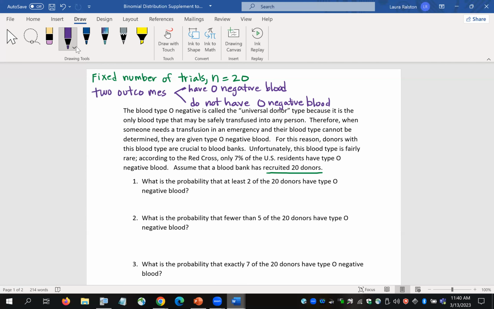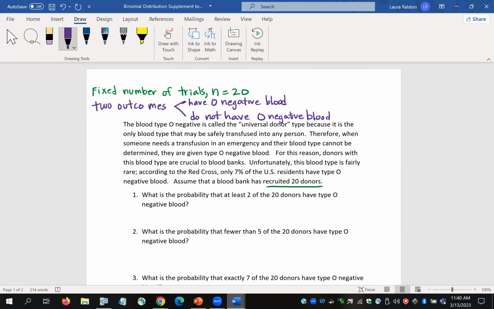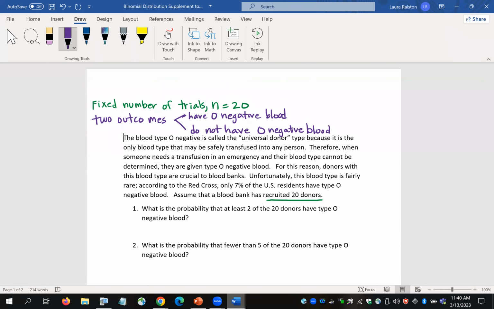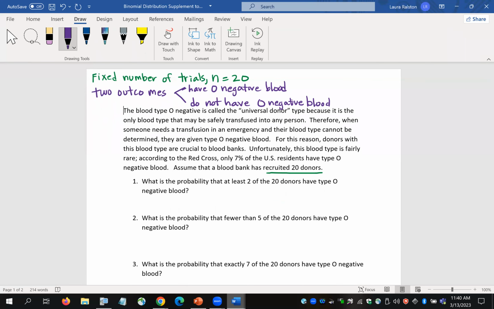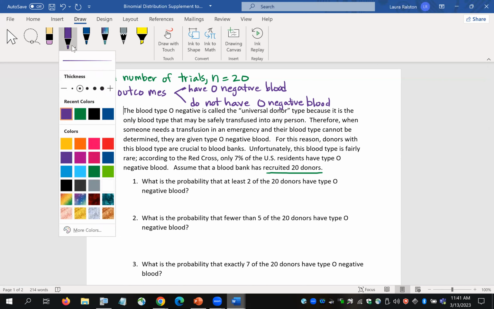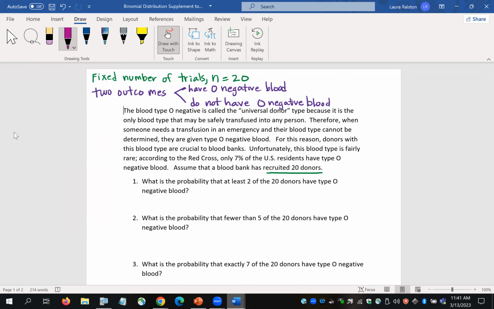Are the trials independent? I would say yes, because the fact that, say, I have O negative does not affect whether Emmanuel has O negative. So they are independent. And then is the probability constant? We can assume that it is because the Red Cross has identified that only 7% have O negative.